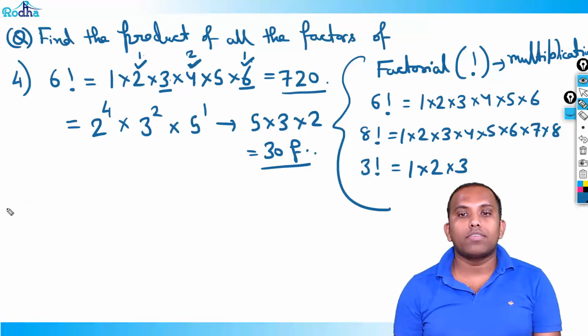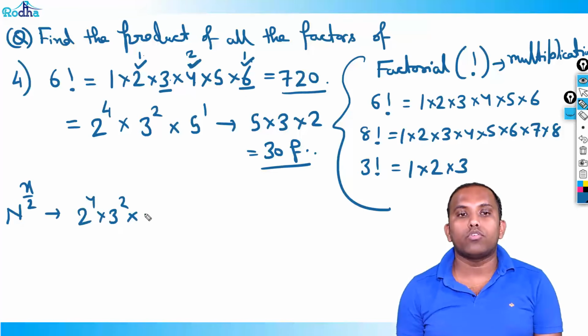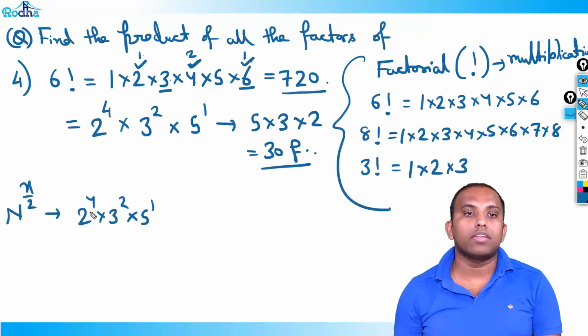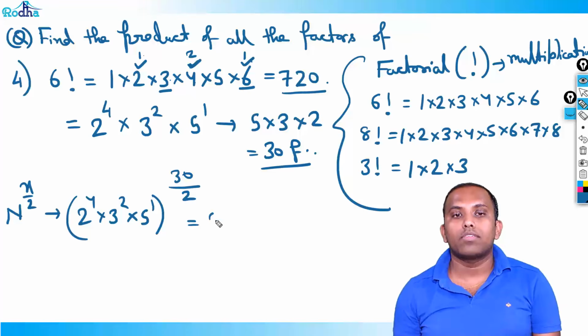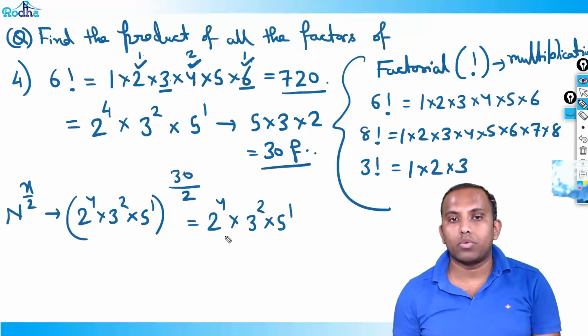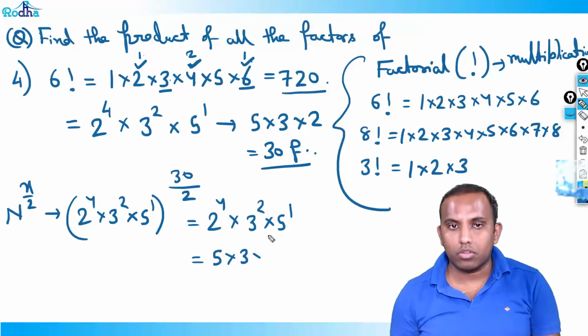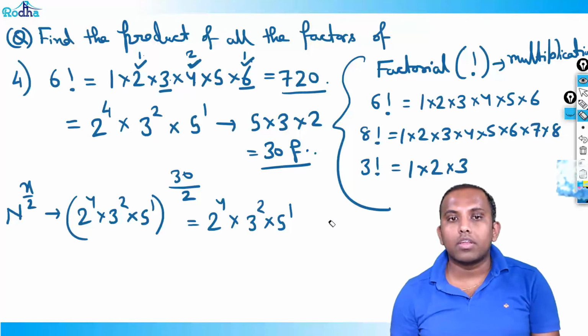The answer is always n raised to x by 2. What is n here? 2 raised to 4 into 3 square into 5 raised to 1 is the n here, raised to x by 2. What is x here? 30 by 2, that is raised to 15.